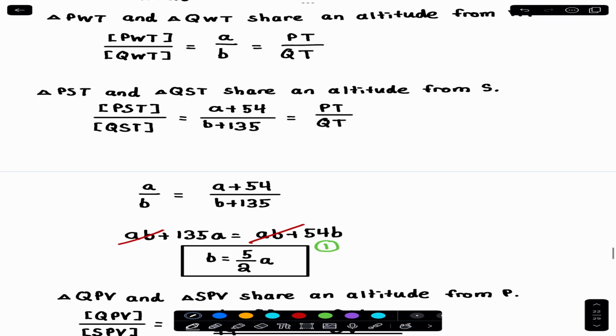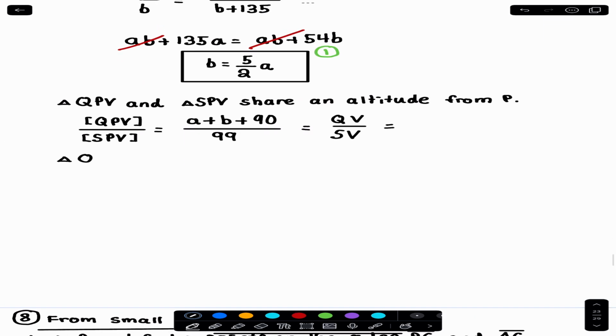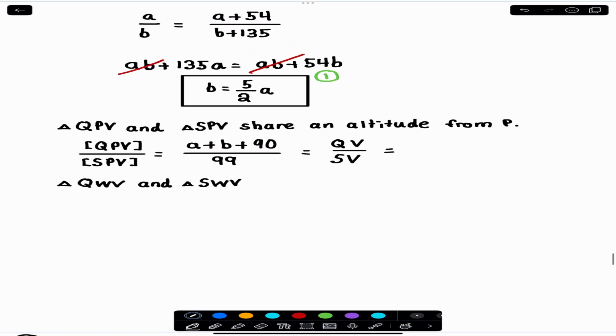This time triangles QWV and SWV. I know I'm going a little fast, so if you need to, pause the video and verify the triangles that I'm talking about.